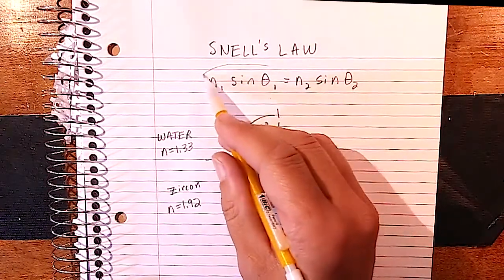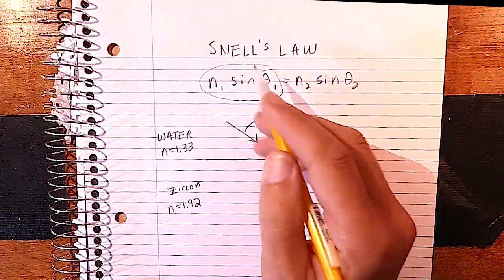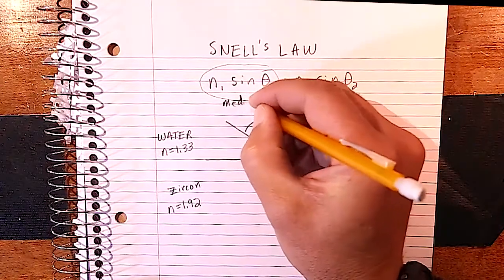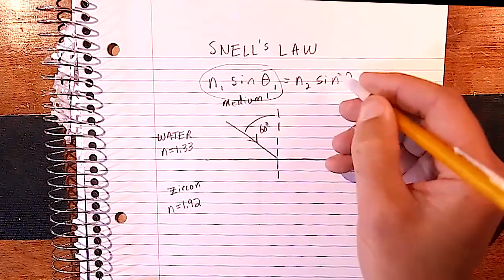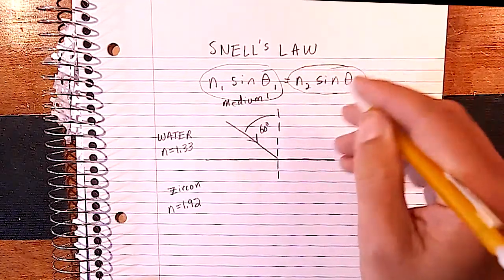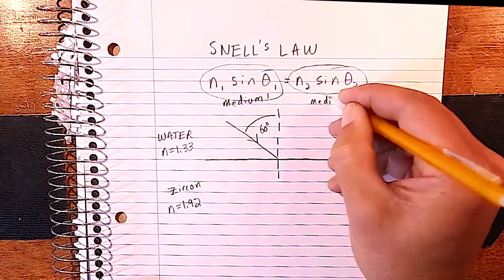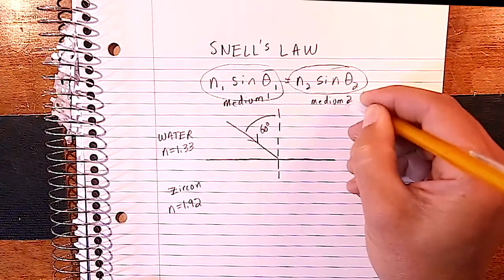n1 sine theta 1, that's our medium 1. So that's what the incident ray is in. n2 sine theta 2, that's our medium 2. That's where our refracted ray is.